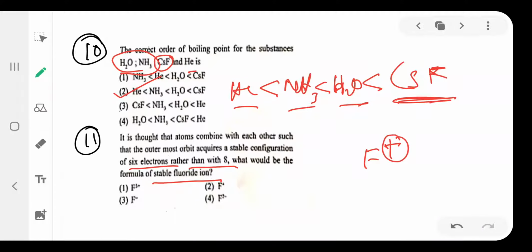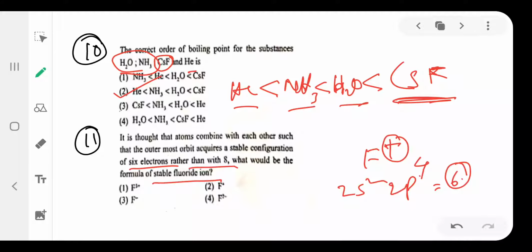Fluorine configuration is 2s2 2p5, actually 5, but on losing 1 electron a plus charge is there. It loses 1 electron, so out of 5 it contains only 4 electrons. Total 2 plus 4 is 6 electrons. So the stable configuration of 6 electrons rather than 8 electrons. So it requires 2 electrons to get the octet configuration.